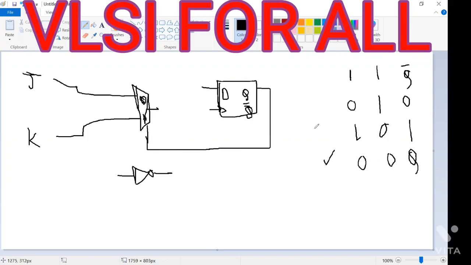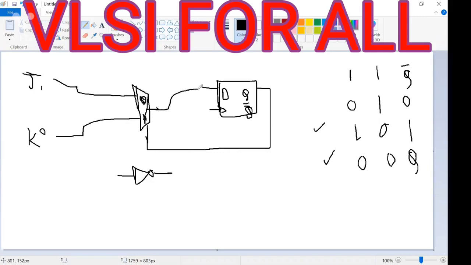If the input is 1 0 and if the Q is 1, then my output should be 1. So let's say my input is 1 and 0, my Q is 1. If my Q is 1, then I'm getting 0 as the output. That is not correct.